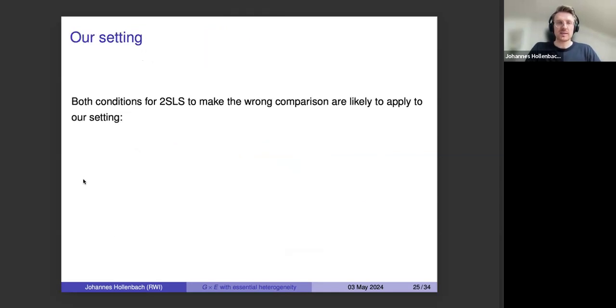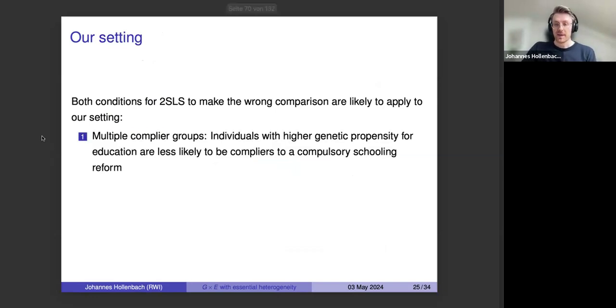I want to bring this back to our setting. How likely is it in our setting that these two problems I've shown you are actually occurring? I would say it is very likely, because we're likely to have multiple complier groups. Individuals with higher genetic propensity for education, remember we're using an education polygenic score, are less likely to be compliers and more likely to be always takers.